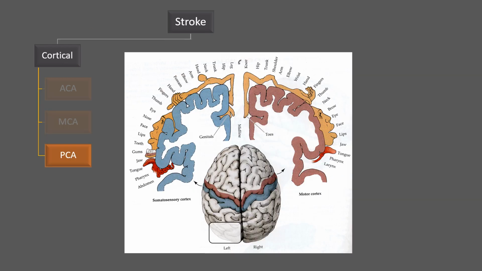Now we'll be talking about the last cortical artery, which is the posterior cerebral artery stroke. It supplies mainly the visual cortex, and its manifestation is usually limited to visual manifestations.